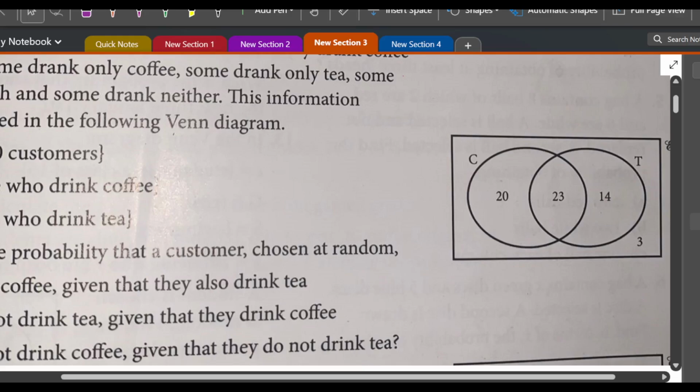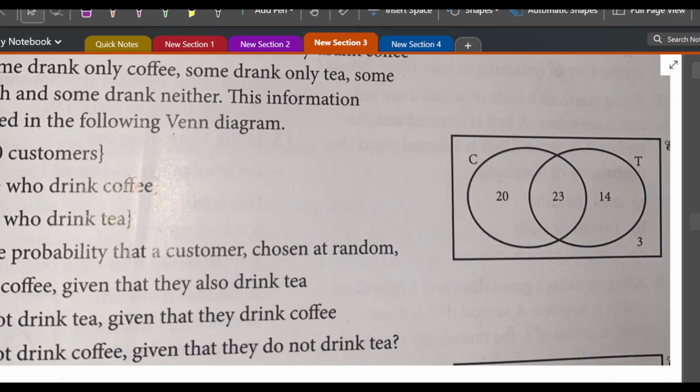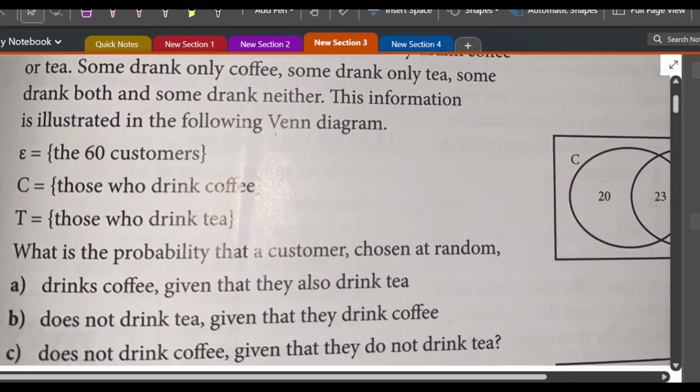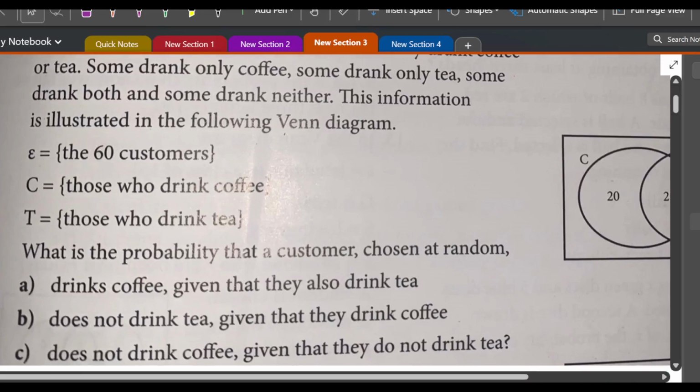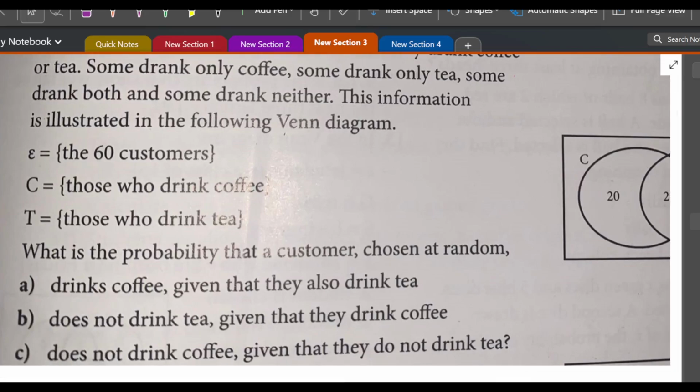You have to find the probability that the person drinks coffee when you know that the person is already drinking tea. Again, you have to find the probability that the customer drinks coffee. What is given? That they also drink tea. So out of that group, you pick one person, and I say that yes, the person drinks tea.